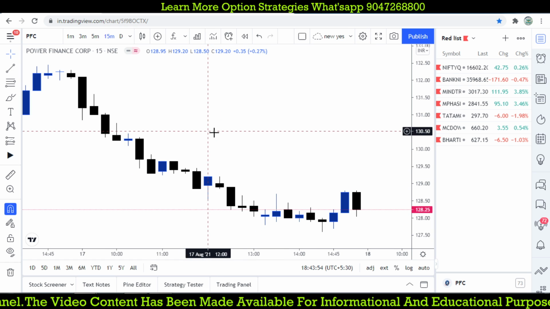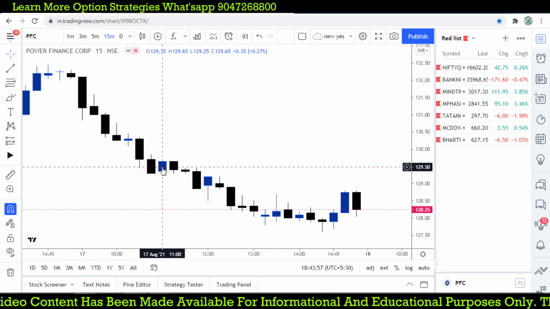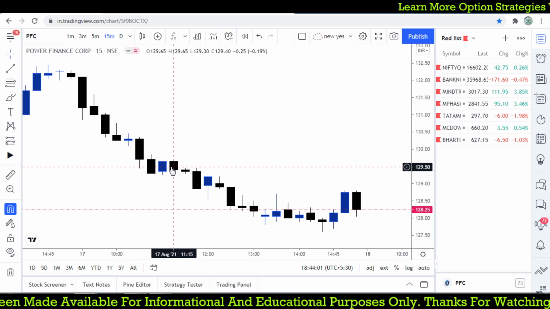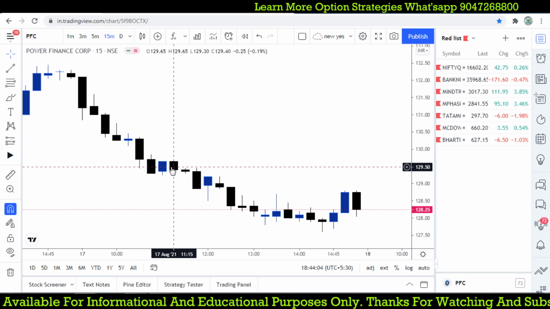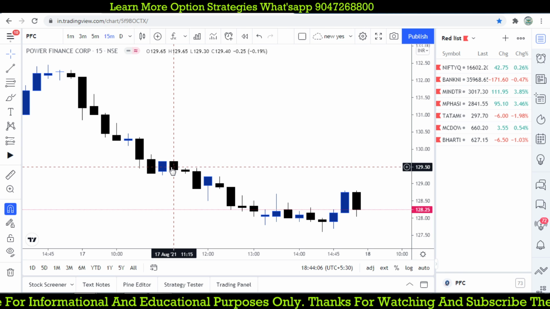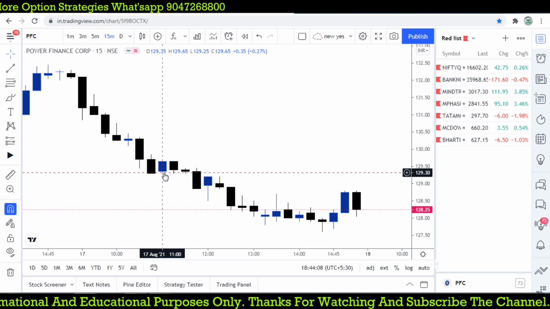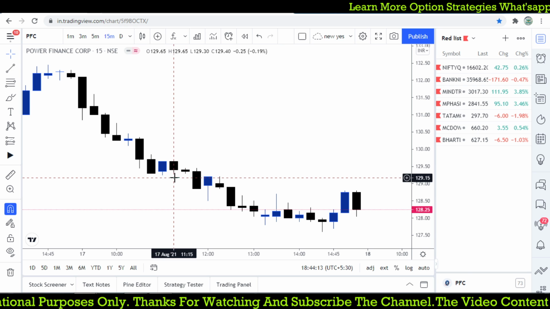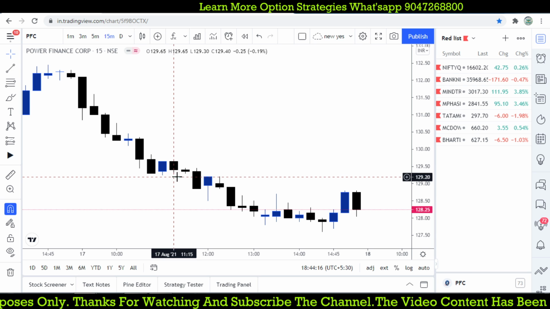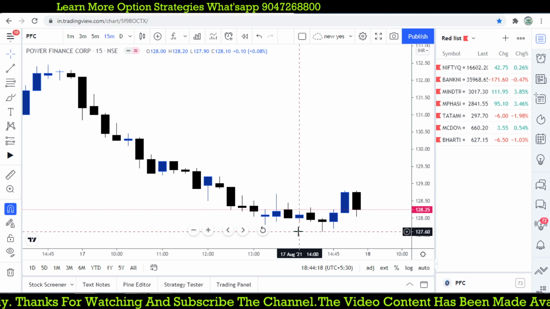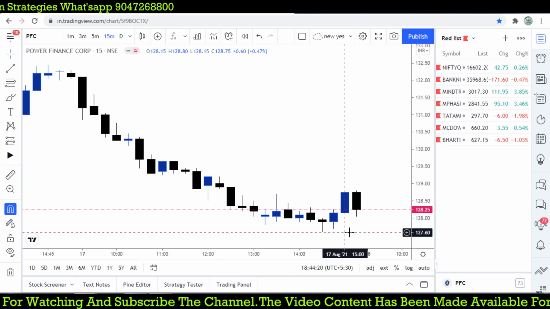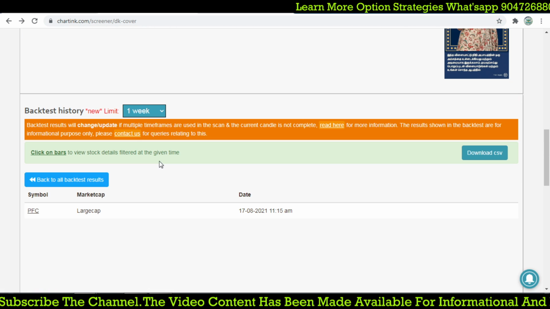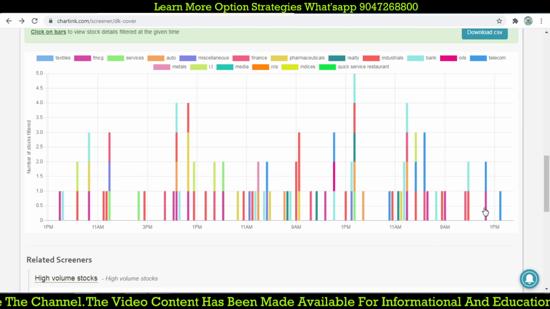Yeah, the PFC forms a dark cloud cover, the high 129.65. The next candle forms at 129.65, that is open equal to high on that particular time. But the previous candle is green and the next candle is red. So it broke down below 129.3 with a 30 paisa risk. It fell down to 127.6. You can see there is an intraday opportunity also present. Right, so this is the one we can use for our intraday trades.